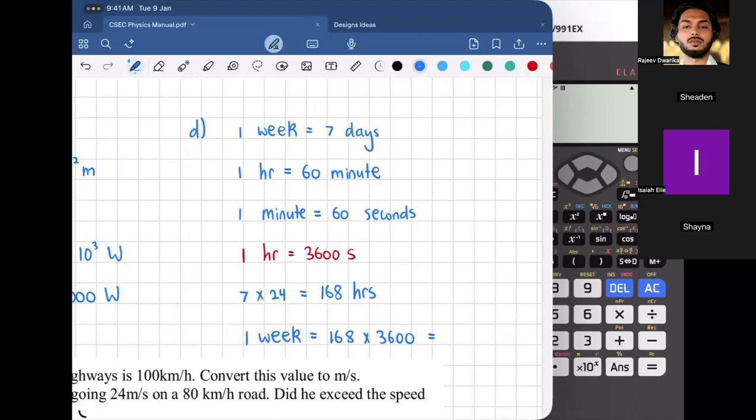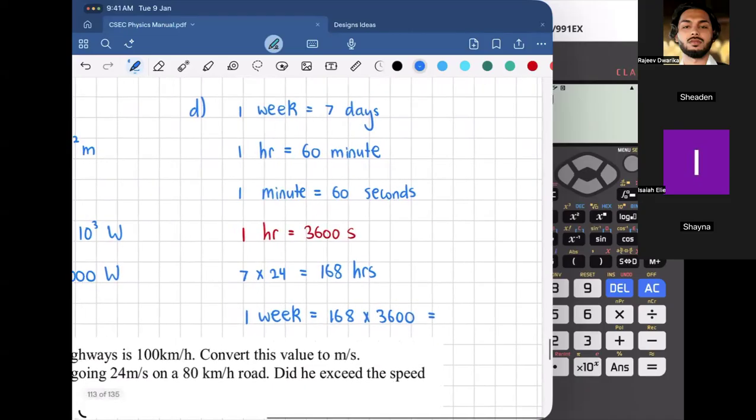Don't tell me. 6048, followed by 2 zeros. I think so. Yes, 604800. Yeah, that's correct.